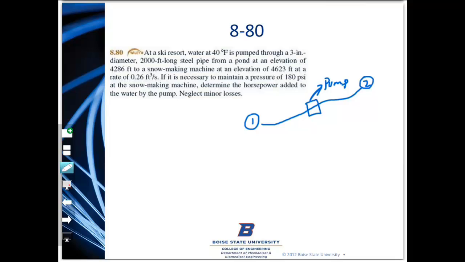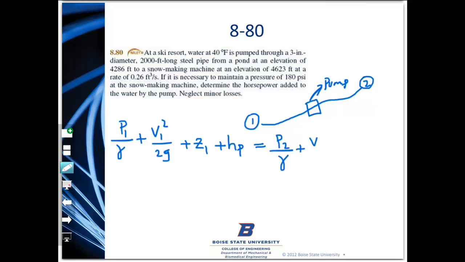So if I write the energy equation here, I get P1 over gamma plus V1 squared over 2g plus Z1, and then you would have the head due to the pump, which will be equal to P2 over gamma plus V2 squared over 2g plus Z2 plus HL.